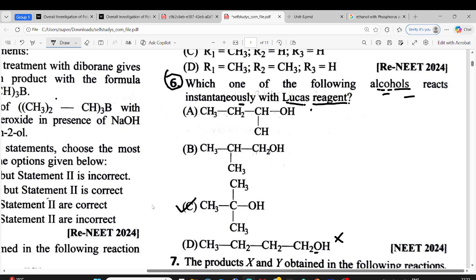This is primary alcohol. This also won't react. This is also primary alcohol, CH2OH. This carbon is attached to only one carbon. This is also not the case. And this is also not the case. Although this is a secondary alcohol, the question asks instantaneously. Instantaneously means rapid, fast reaction. So this tertiary one is the correct answer.